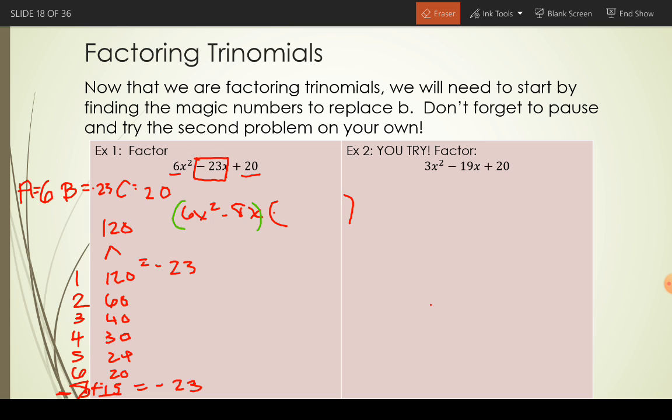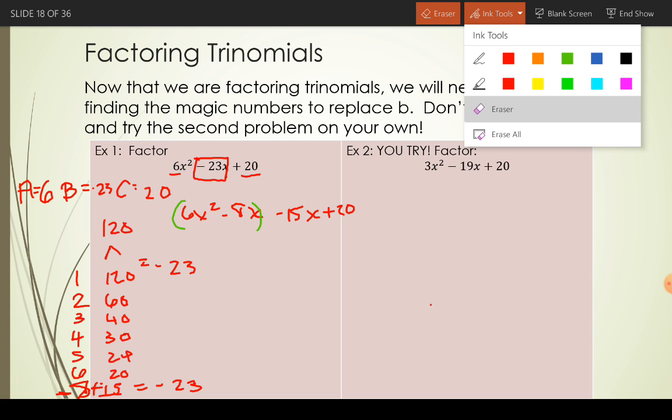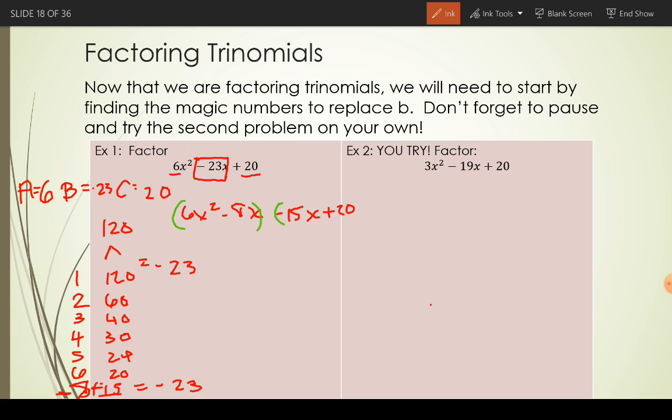Okay. So negative 15x plus 20. And then what goes inside is going to be a plus sign. Hold on, let me fix the color of my parentheses. I need them to be green.